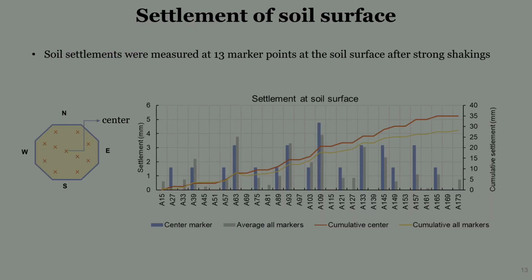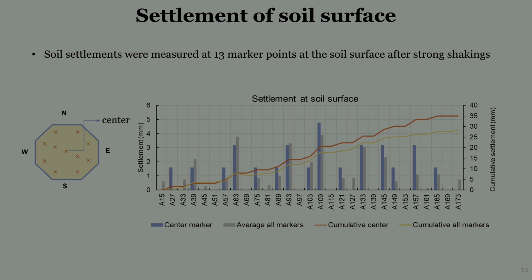So first, I would like to present the settlement of the soil surface as we shook the model. The settlements were measured at 13 marker points, as you can see in this schematic. They were measured manually using a laser and a tape, so they are not so accurate. Here you see the settlement plotted versus the different shaking events.